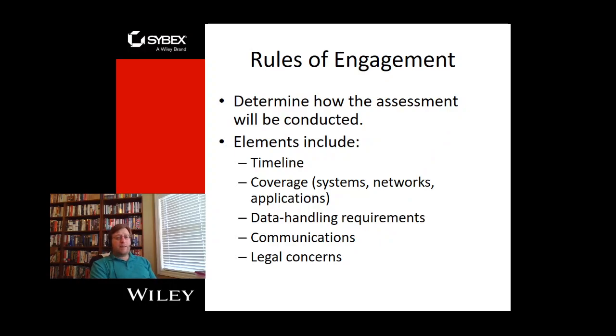One of the things that gets decided during this planning and scoping process is what are termed the rules of engagement. The rules of engagement, when you're talking about a penetration test, are the way in which everything's going to be conducted.